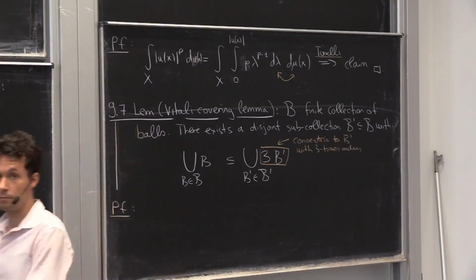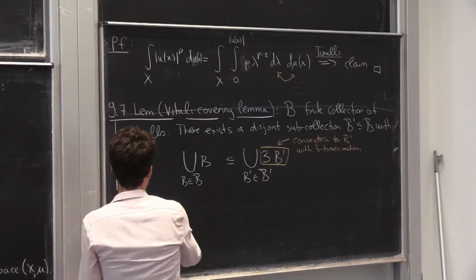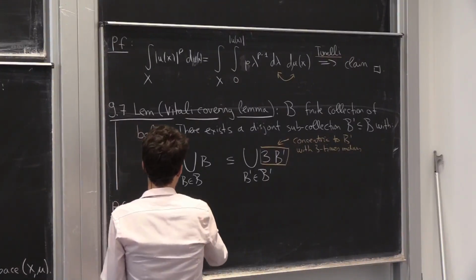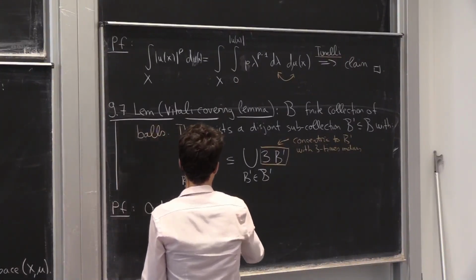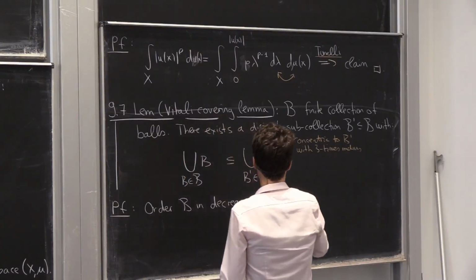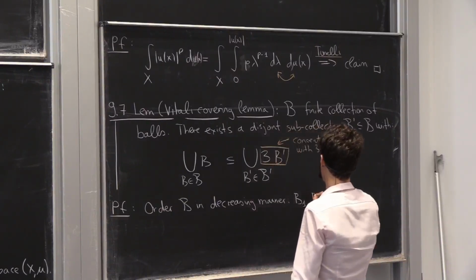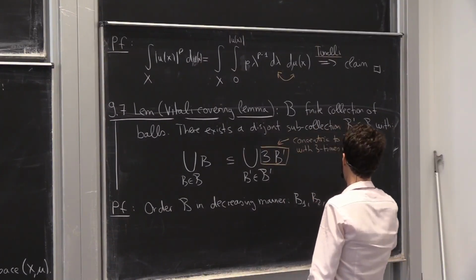So here's the proof. The proof is not complicated. B is a finite collection of balls. So we order B in a decreasing manner. We're going to write B1, B2, and so on until Bn.